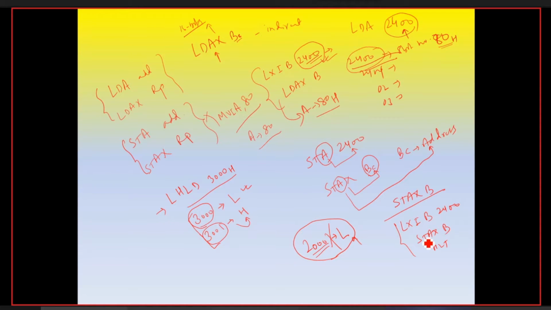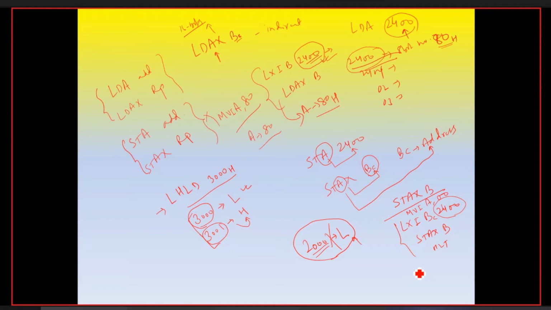In the register pair BC we are storing the address 2400, and after this instruction STAX B, add one more line: MVI A 00. So MVI A 00, LXI B 2400, STAX B, halt.